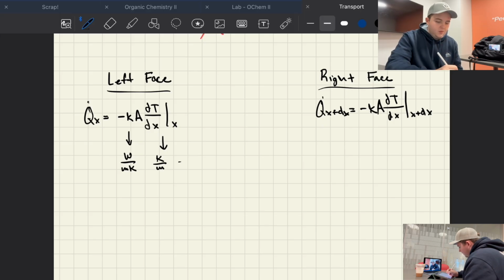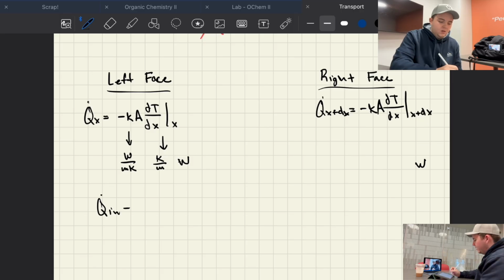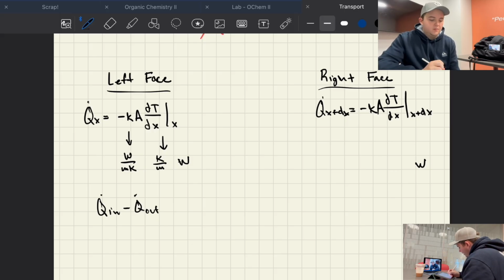So we would be left with just watts in this case, which is what we want because we're trying to find our net heat. And so what we have is our Q in minus our Q out. So that's what we're trying to find here.